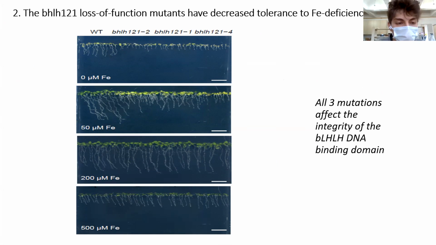Hocam, can I ask a question about this figure? For the 500 micromolar iron part, the wild type exhibits defective growth. Is it because they can carry out normal iron uptake, so we are seeing iron intoxication here?